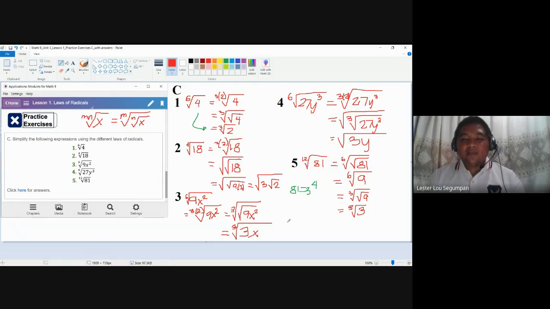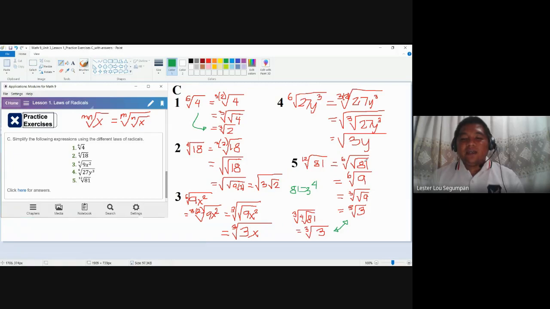The 12th root of 81 can be rewritten as the cube root of the fourth root of 81. 3 times 4 is 12, so it's just the same. Because we now know that 81 is a perfect fourth of 3, this is just basically the cube root of the result of the fourth root of 81, which is 3. See, we have the same answers.